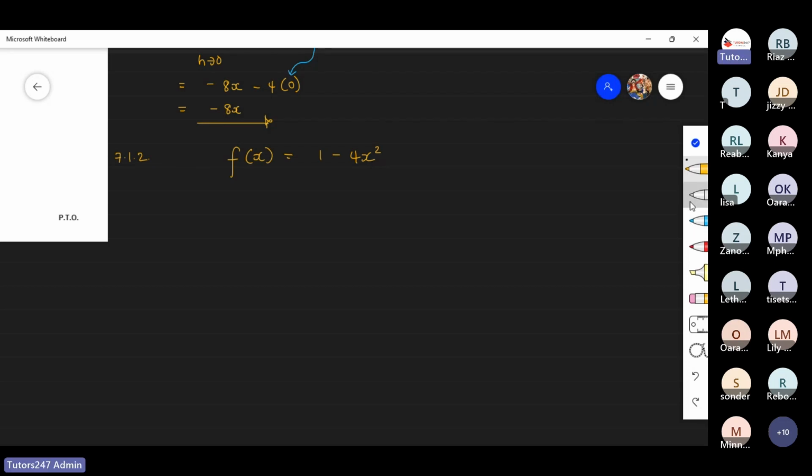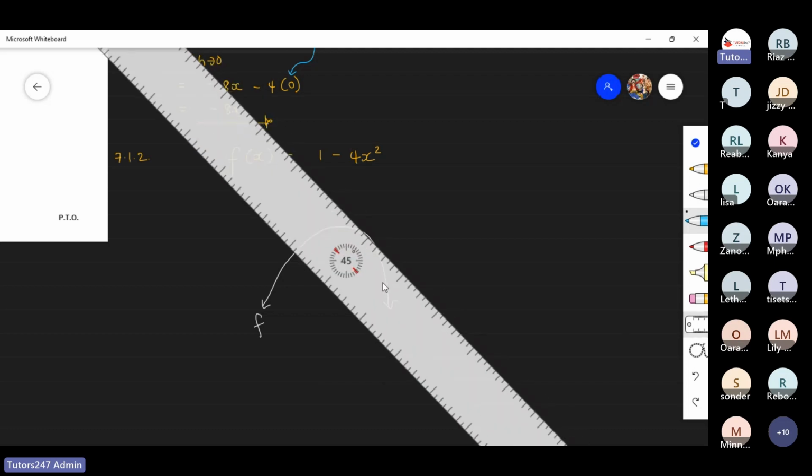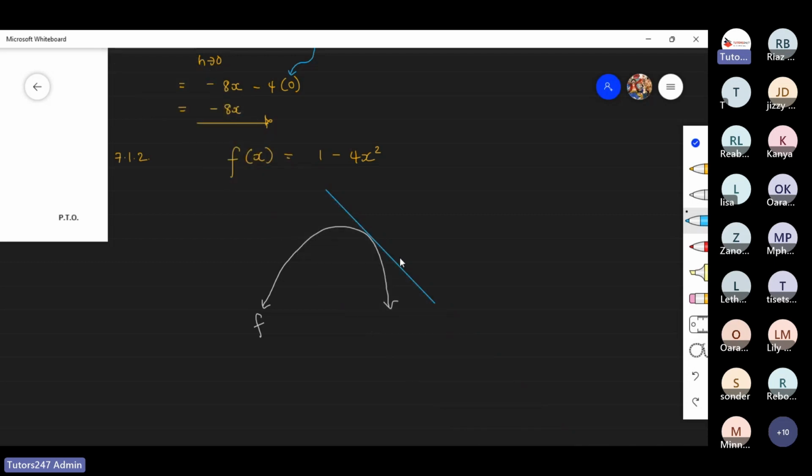So let's sketch that. We're now going to sketch a sad face parabolic function. So this is our parabolic function f. Now let us also sketch the tangent at x equals 2. So let's make x equals 2 at that point. So this is our point of contact.